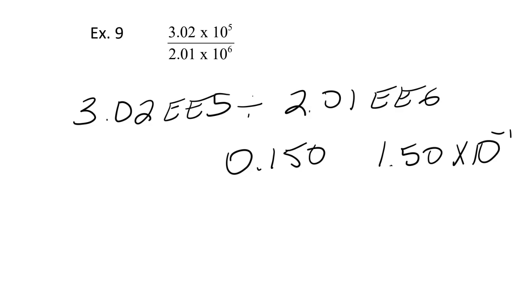So you actually have to type in your calculator, parenthesis, 3.02 times 10 to the 5th, end parenthesis, and then divided by parenthesis, 2.01 times 10 to the 6th, end parenthesis. Then you hit enter or equals. Without those parentheses, your calculator is going to multiply, then divide, then multiply again, which is not what this problem tells you to do.